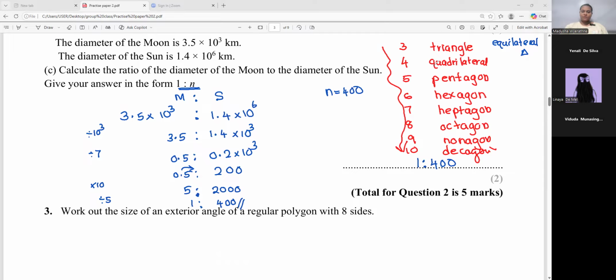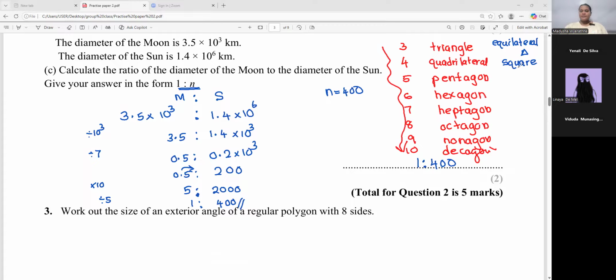Then quadrilaterals also, we have so many. Quadrilateral means having 4 sides: square, rectangle, parallelogram, trapezium, rhombus. All have 4 sides, but the square is regular. A square has equal sides and equal angles.